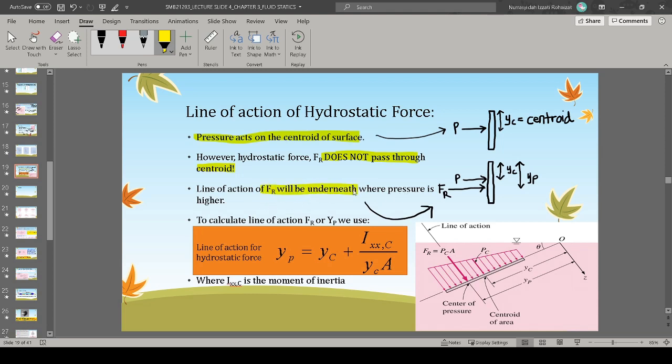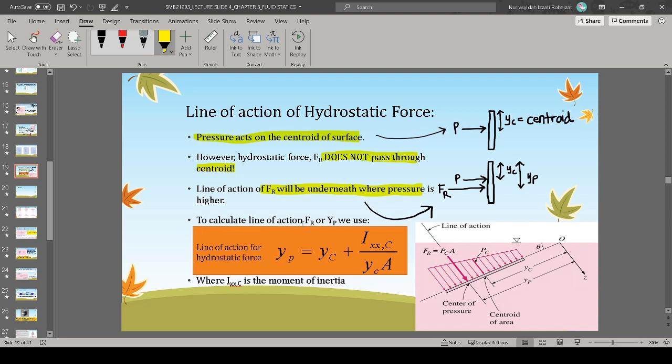So we denote the length to the centroid YC. We denote the line of action for hydrostatic force YP. So how do we calculate the length YP? We can use this formula here.